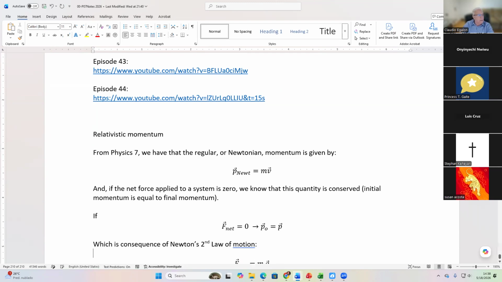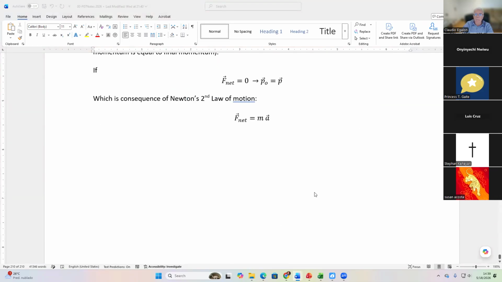Net force is mass times acceleration. But acceleration can also be rewritten as delta v over delta t, which can be rewritten as v minus v naught over delta t.